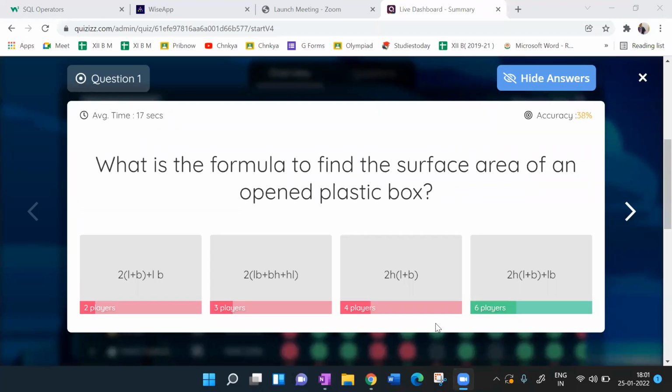See, what is the formula for the surface area of an open plastic box? Sir, what's the difference between 2L plus 2B and 2LB together? Which options?